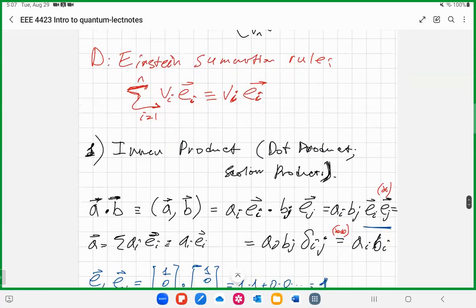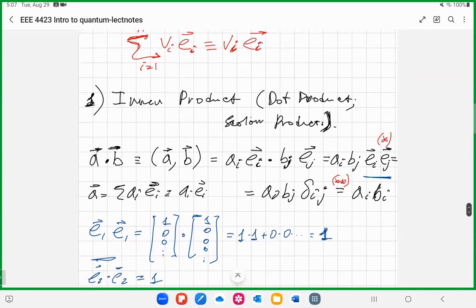Then again, I remind you that sometimes when we meet the index that we use for summation, we will usually omit the summation symbol.